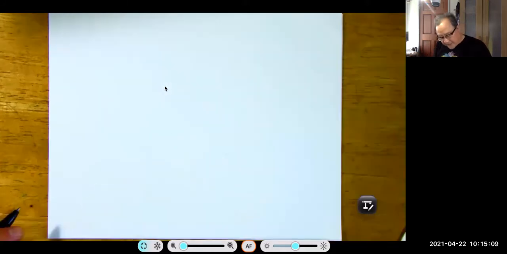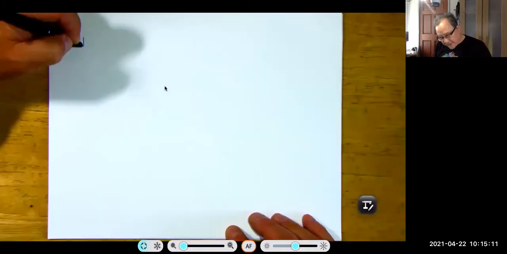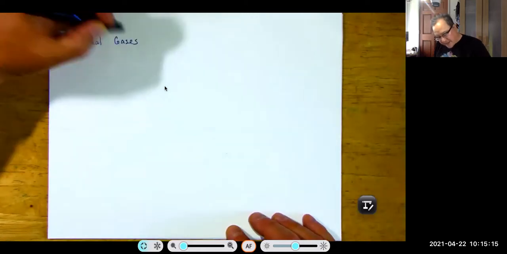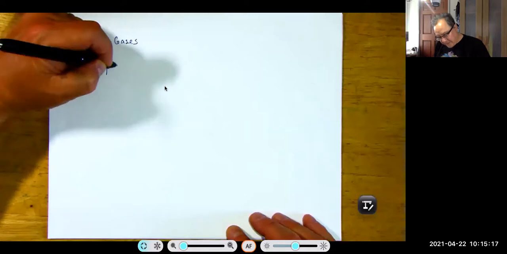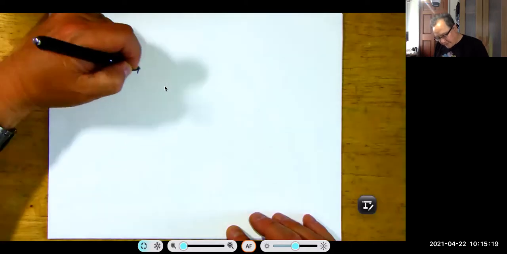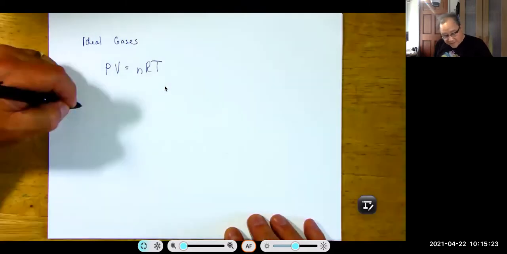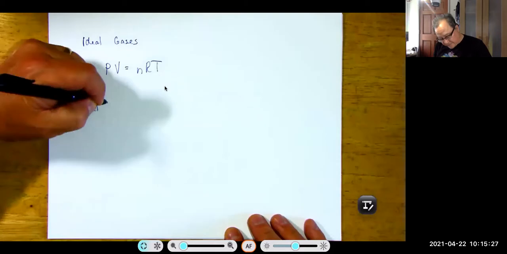So when we look at real gases versus ideal gases, we have PV equals nRT, right? For the real gases, we have something called the van der Waals equation.